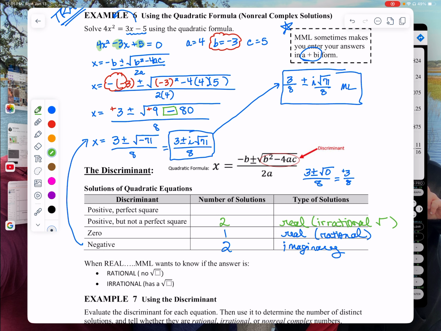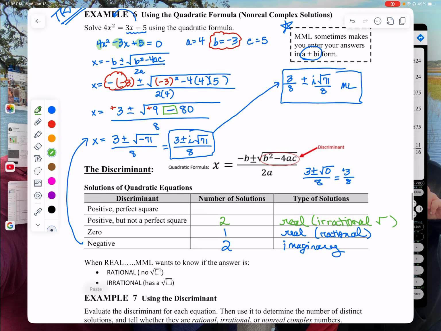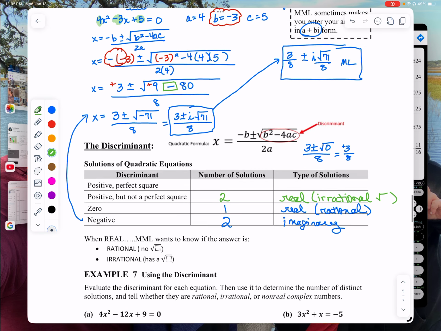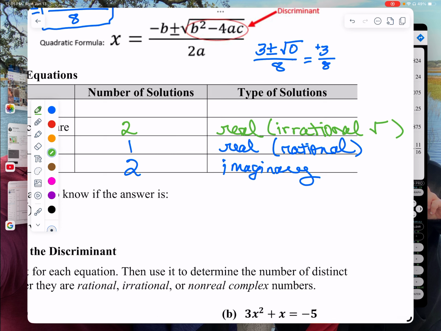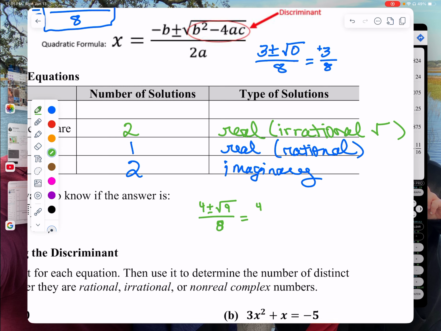Now, what if it is a perfect square? We haven't done one that has a perfect square, so let's just look at one. I'll just make it up. 4 plus or minus the square root of, let's say, 9 over 8. So that's going to be 4 plus or minus 3 over 8.